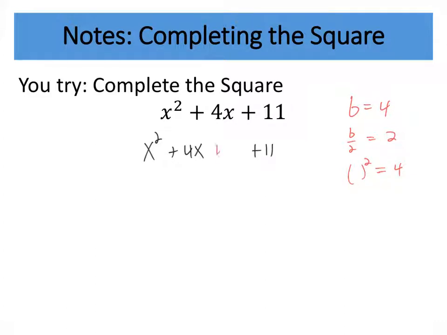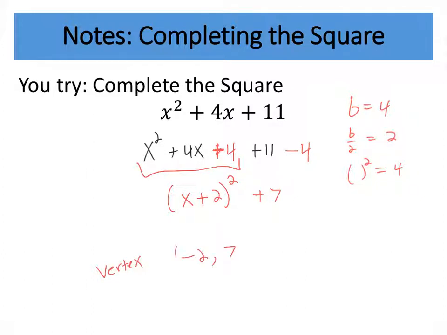I'm going to add the 4 and subtract the 4. This is my perfect square. I get x plus 2 squared, and my leftovers, 11 minus 4, and my vertex, if I were to calculate the vertex, is negative 2, 7.